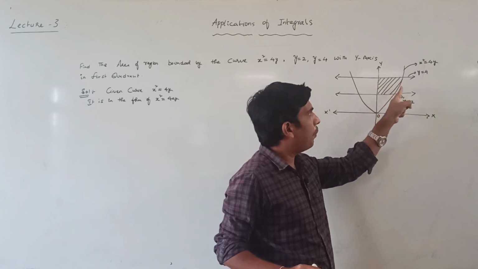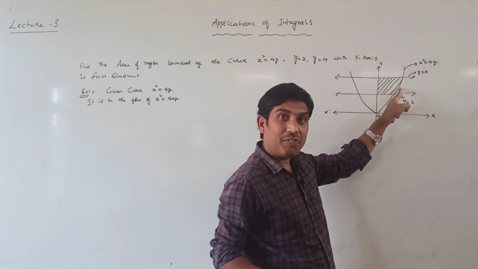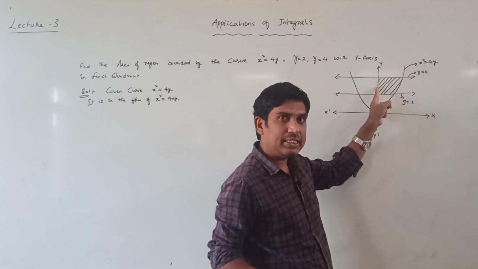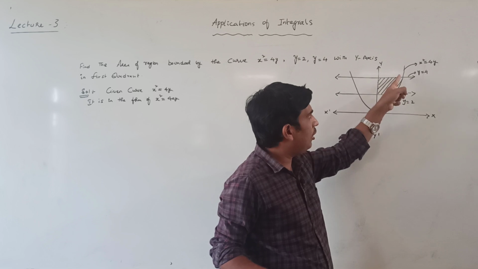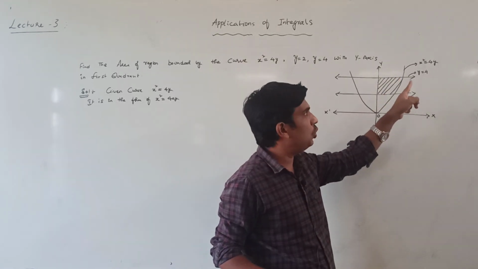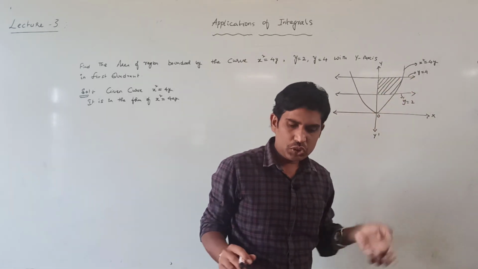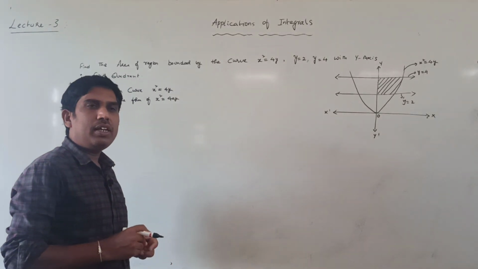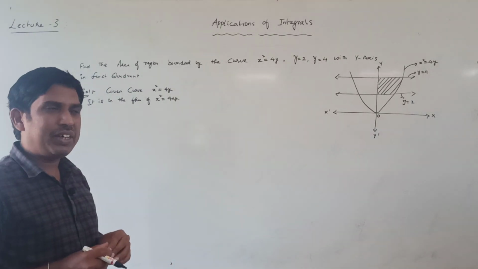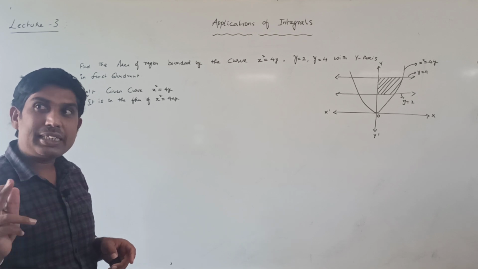This region is bounded by one side curve equation with y-axis in between the limits y is equals to 2 and y is equals to 4. So already we know, area of region bounded with y-axis means formula is x dy.